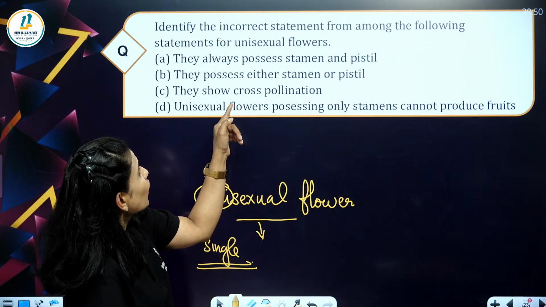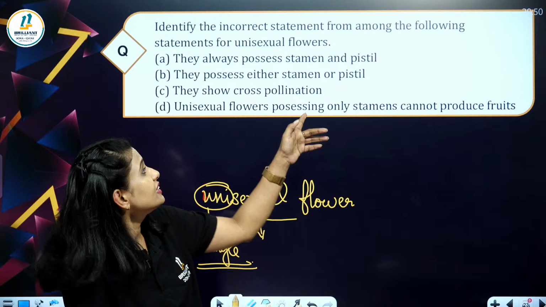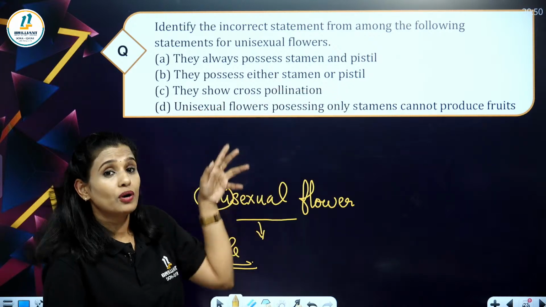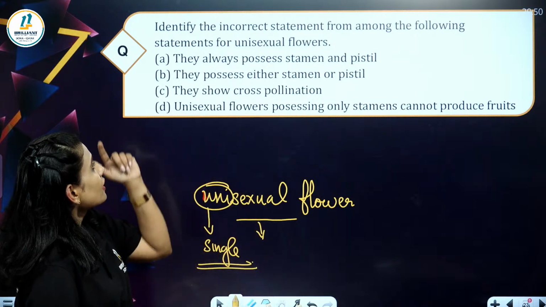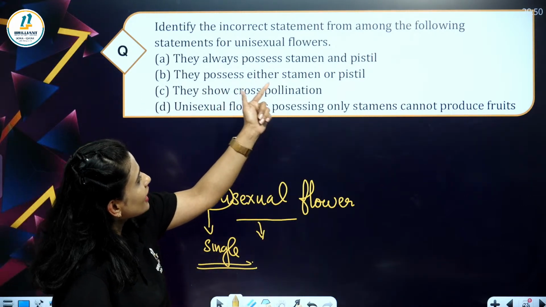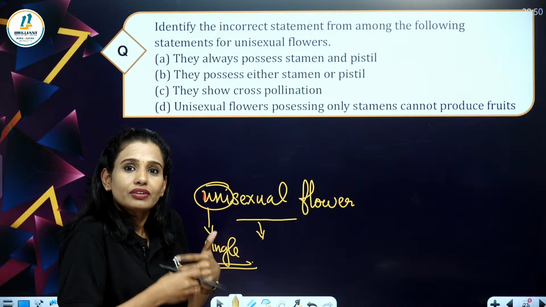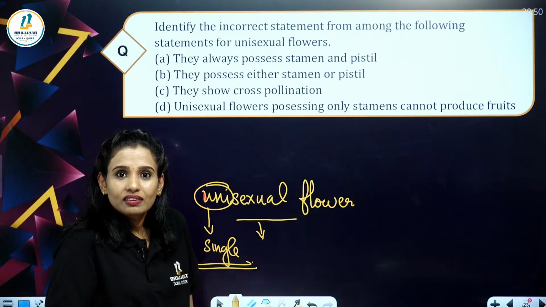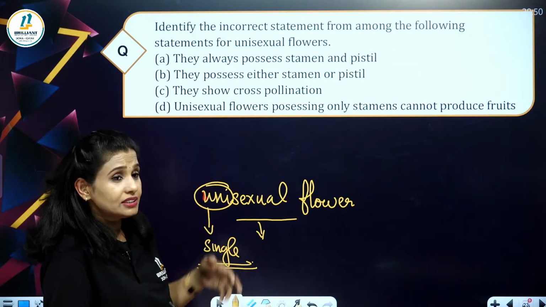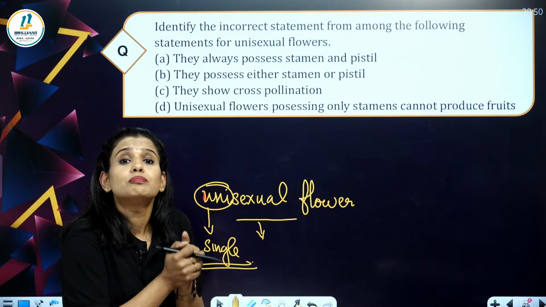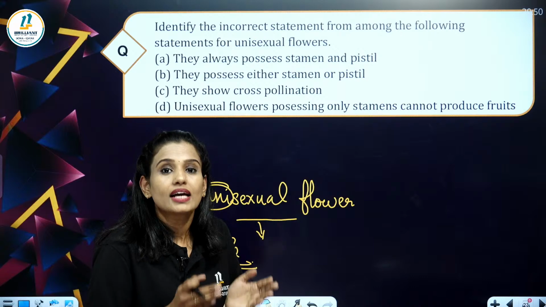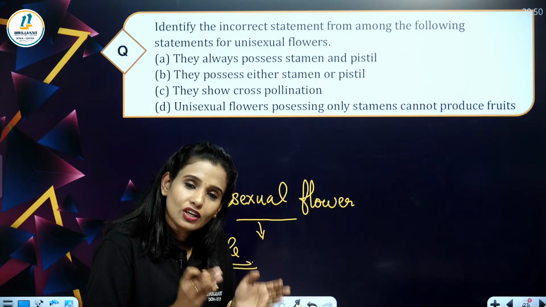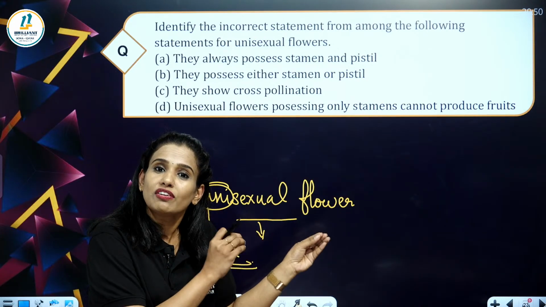You have to find out the incorrect statement among the following about unisexual flowers. See here. They always possess stamen and pistil. The first statement is wrong, right? No, that is a bisexual flower. When it possesses both stamen and pistil, it is known as a bisexual flower.